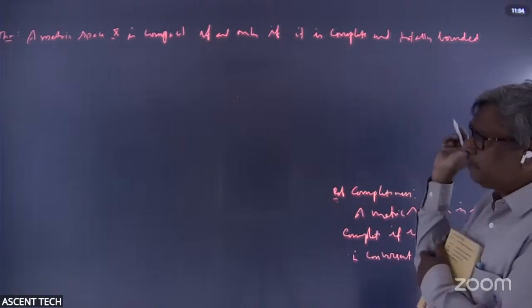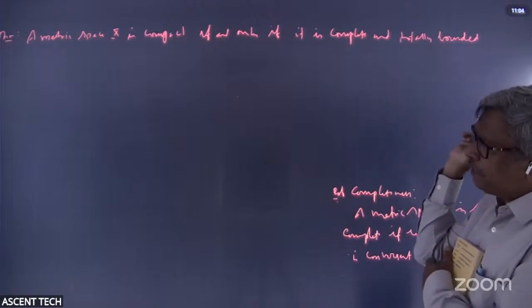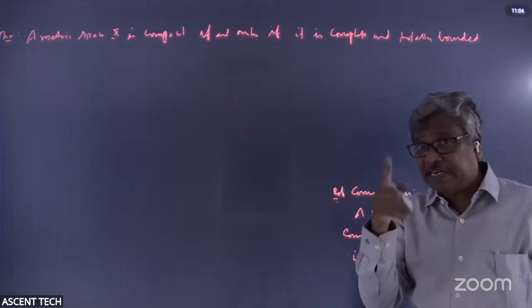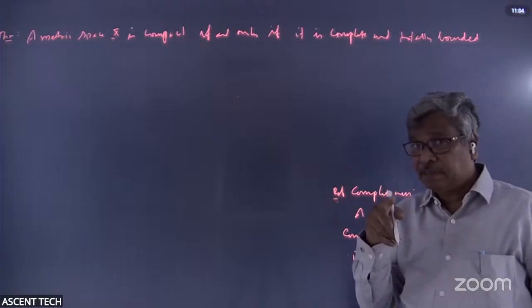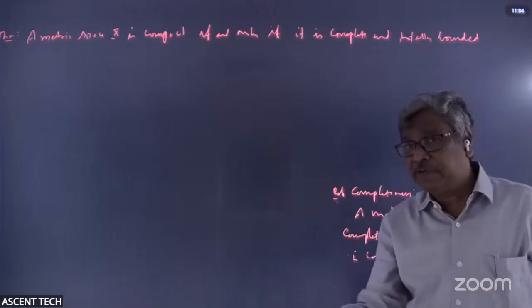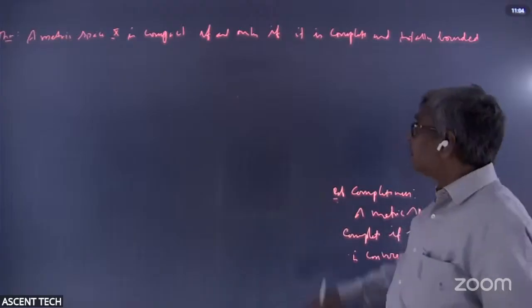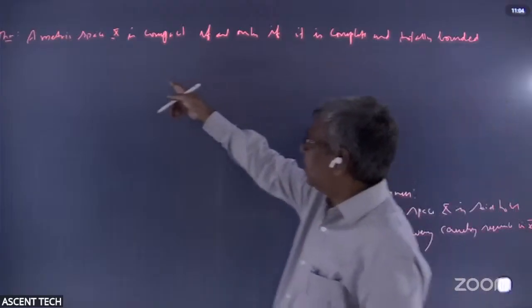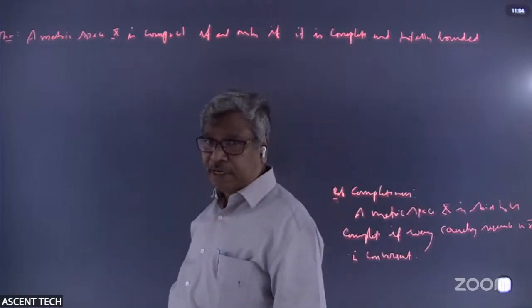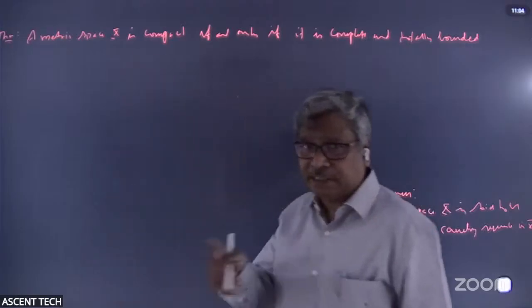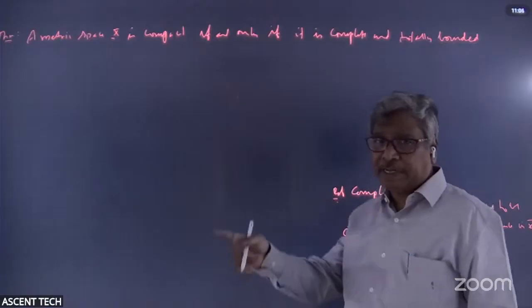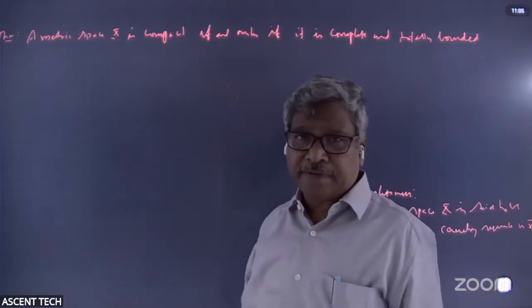Completeness means every Cauchy sequence converges. Then it's very easy to see that if a Cauchy sequence has a convergent subsequence, the Cauchy sequence itself will converge. So if I take a compact metric space and take a Cauchy sequence, either it's an infinite set or it's repeating again. If it's repeating, there is a convergent subsequence.